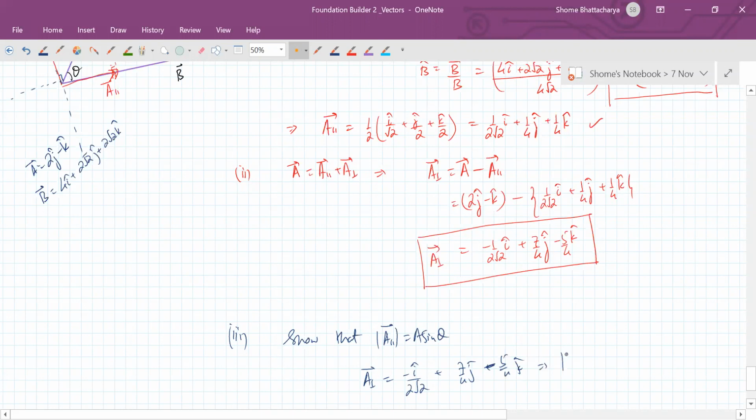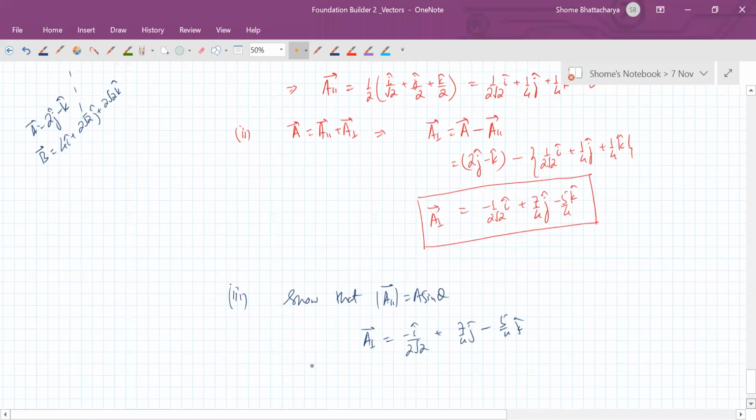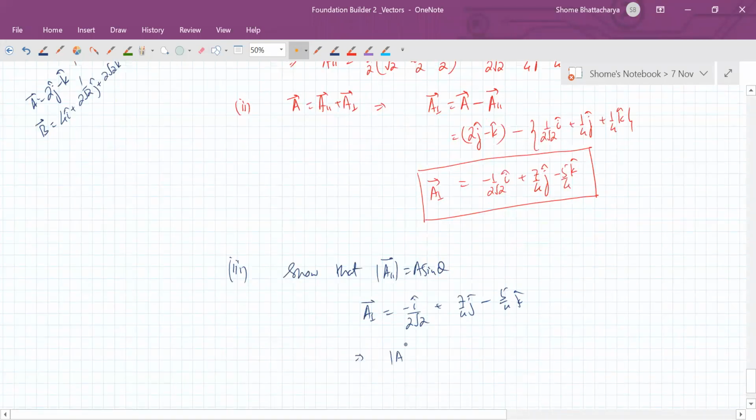Okay. So the magnitude of the perpendicular component is easy to calculate. You can see it is these things.